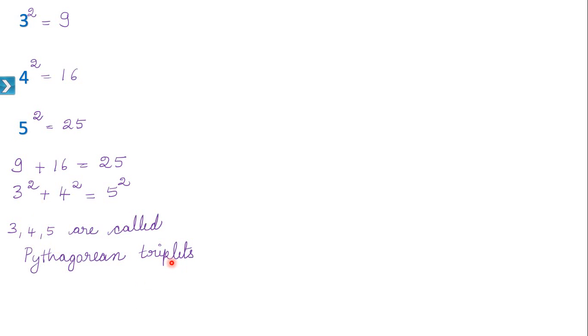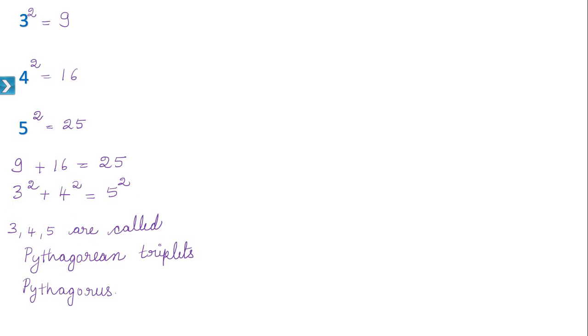Tri or triple means 3. These are called Pythagorean triplets because here the sum of the squares of two numbers is equal to the square of the third number. This was discovered by the famous mathematician Pythagoras.